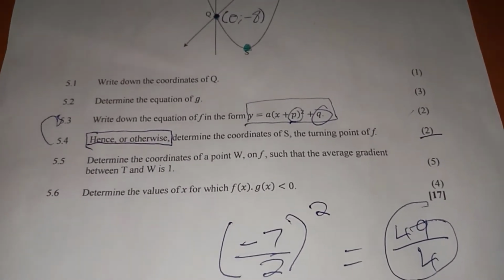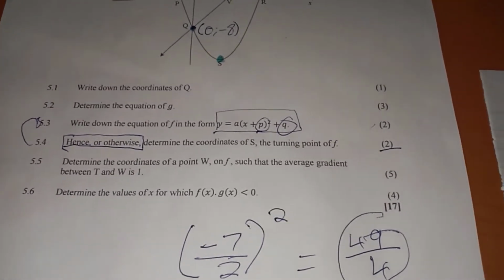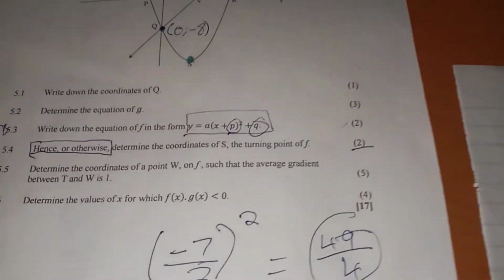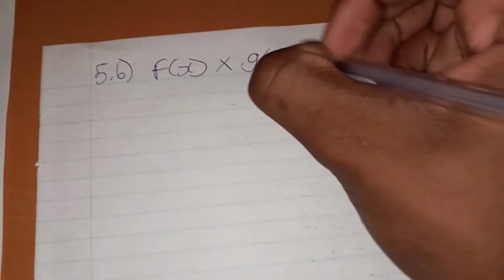So it says, determine the values of x for which f of x multiplied, so the dot just means multiplied, by g of x will be negative, right? So f of x multiplied by g of x will be negative.